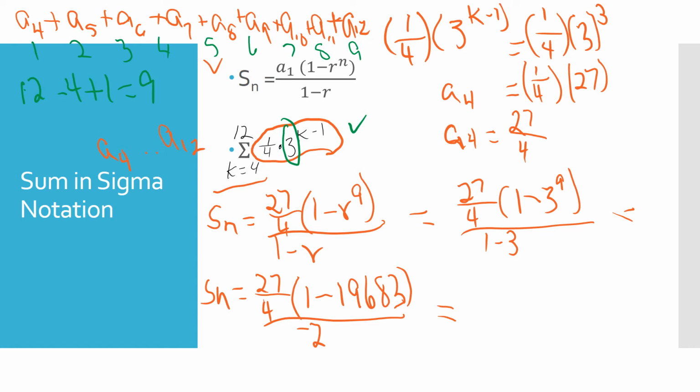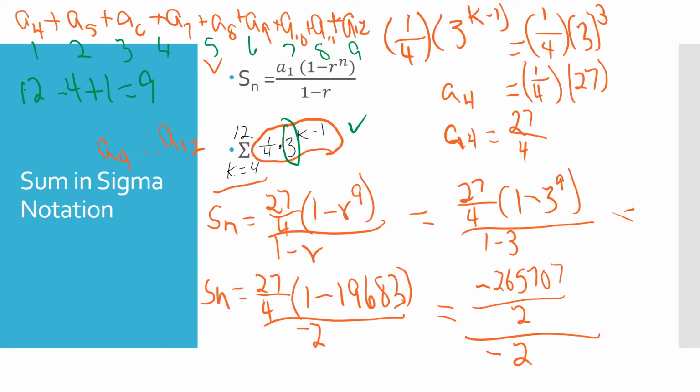is going to give me negative 265,707 over 2, but all of that is over -2. Man, what a mess.